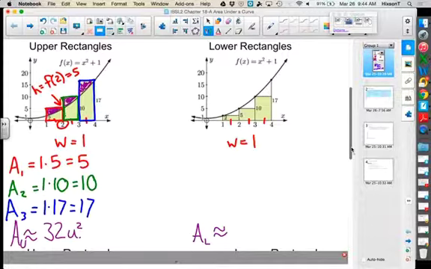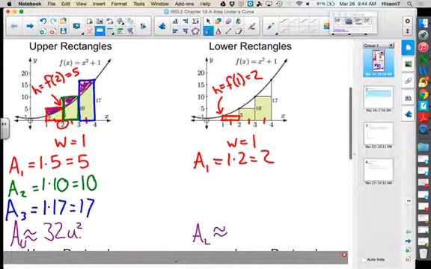All right? So now instead of doing f of 2 to get my height for that rectangle, I'm doing f of 1. And that equals 2 in this case. So my first area is the width times 2, which is 2. My second area is going to be my width times f of 2, and f of 2 is 5 again.